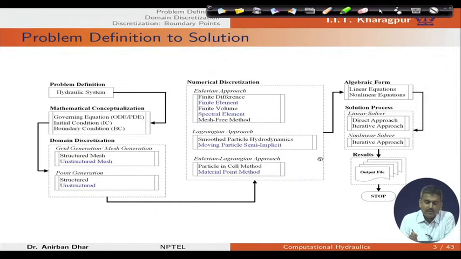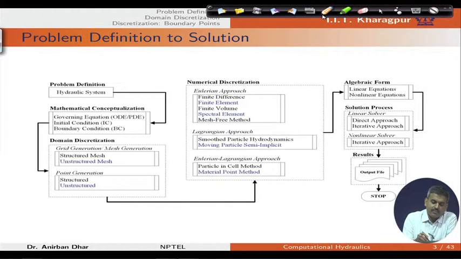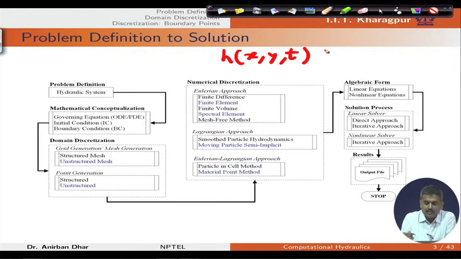Problem definition to solution will be utilizing h, x, y, t, because in unconfined aquifer flow, the flow is considered only in the horizontal direction.